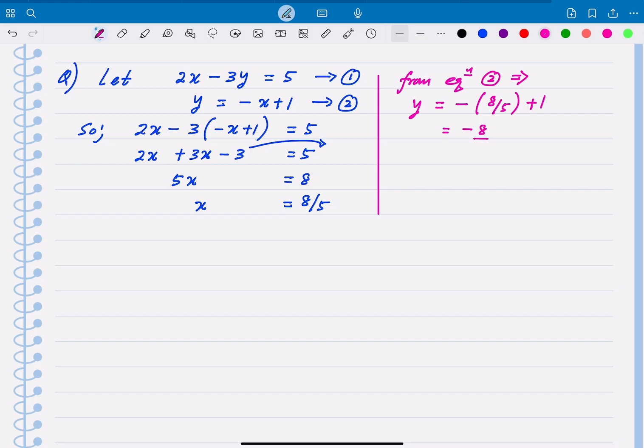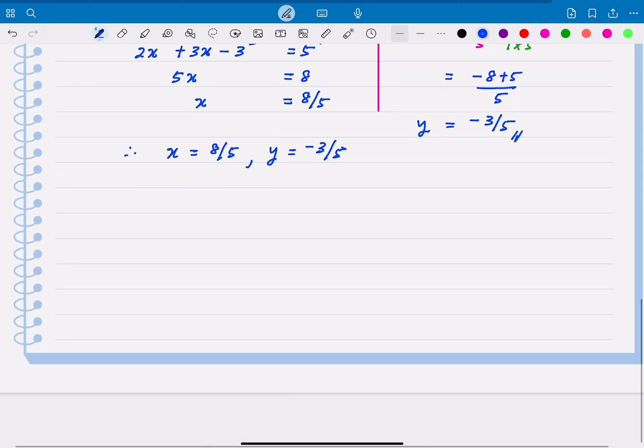It's going to be minus 8 divided by 5 plus 1. Now you take the common denominator, simple algebra. It's going to be minus 8 plus 5 divided by 5. The answer is going to be minus 3 divided by 5, and that's going to be y. So finally, you get x to be 8 divided by 5 and y to be minus 3 divided by 5.